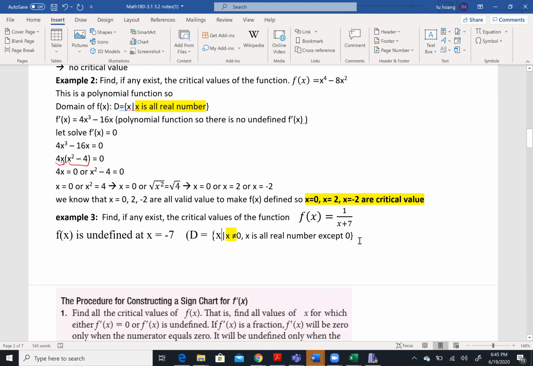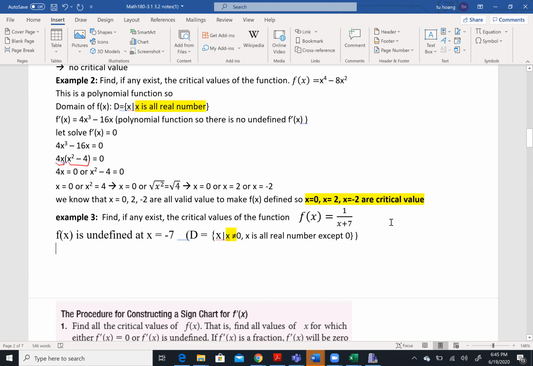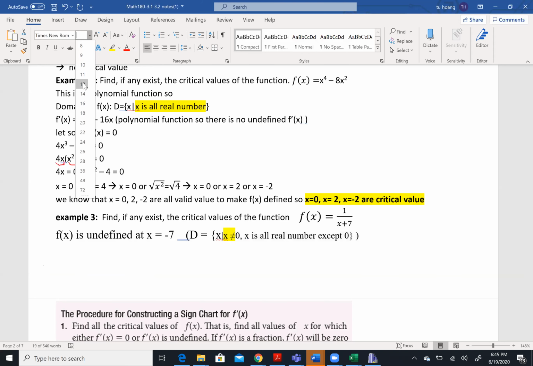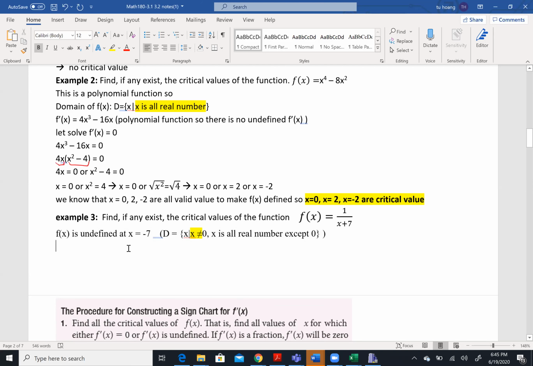Now I would like to find f'(x). In order to find the derivative, I need to rewrite f(x) because it has a constant in the numerator, so I'm going to change it to use the general power rule.